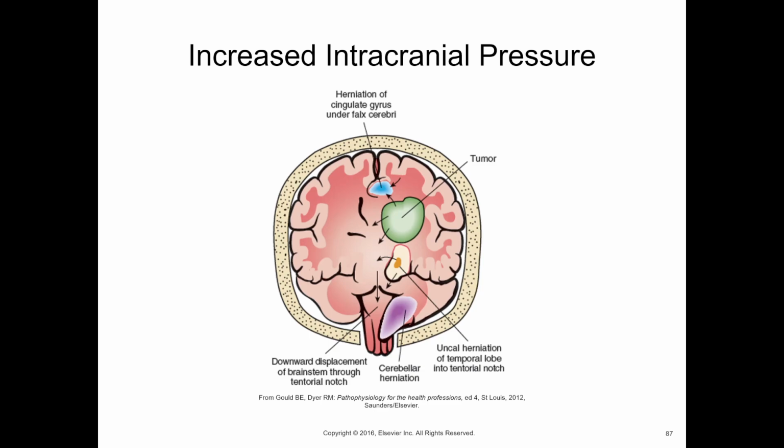of the brain across what's called the falx cerebri. So when we're looking at our skull, we have these dural reflections. So our dura mater folds over on itself, and the one that runs anterior to posterior along the top of the superior portion of the skull is called the falx cerebri, and it helps divide our left and right hemispheres.